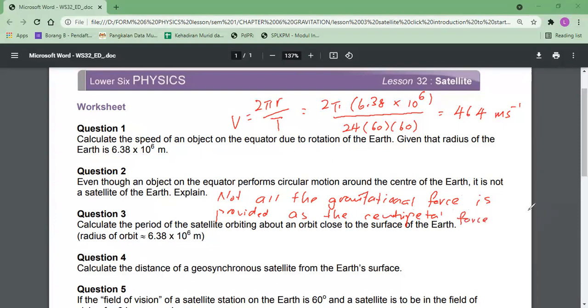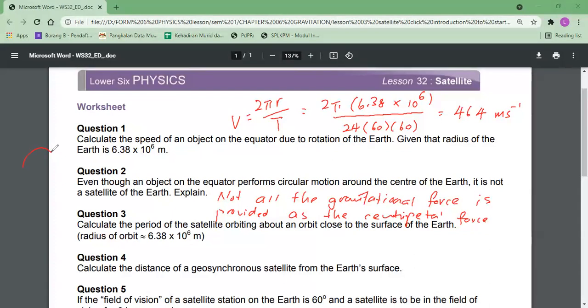Okay, so that's because some of the energy is used to become the gravitational potential energy. The kinetic energy never varies, because mv squared over r comes from the centripetal force.